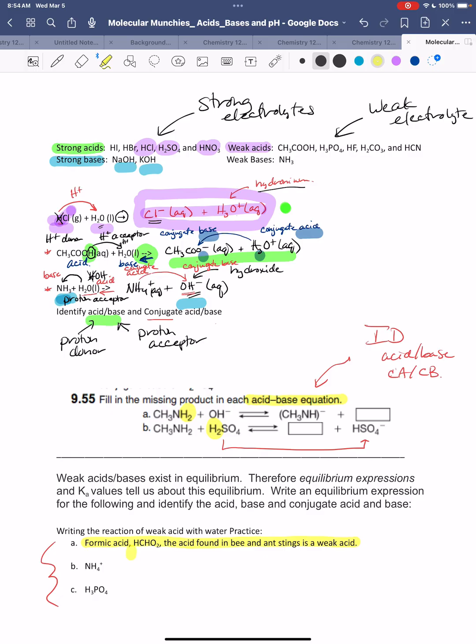And that substance, I'll write it bigger in black, is HCHO2 plus water. It's an acid and it's weak. So we're going to write an arrow that goes both ways. This hydrogen gets donated to the water. So I'm going to get CHO2 minus plus H3O plus. This is liquid, and all of the others are going to be aqueous, aq.